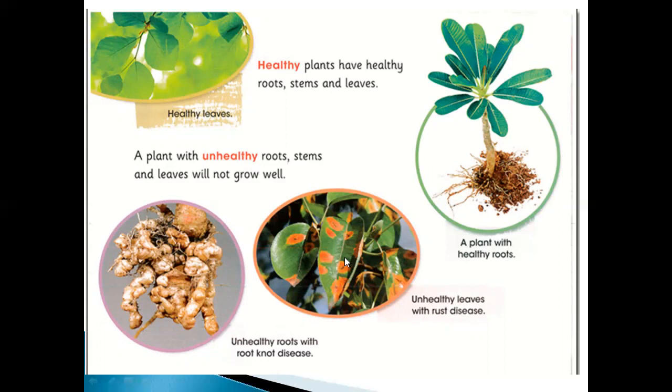If not getting water properly, you get rust disease, and the leaf changes color, not green, dark green anymore. Leaves change color into yellow, like this, and have rust on them. And also roots, if there is a lack of space and they are not getting proper nutrients or water from the soil, they become unhealthy roots like this.